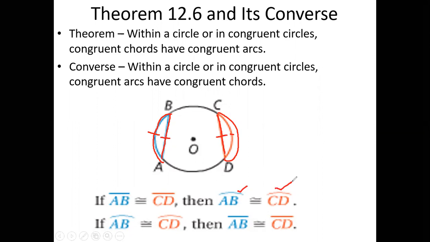So the converse will be, if two arcs in a circle are congruent, then their corresponding chords will also be congruent to each other. That is, if arc AB is congruent to arc CD, then chord AB will be congruent to chord CD.